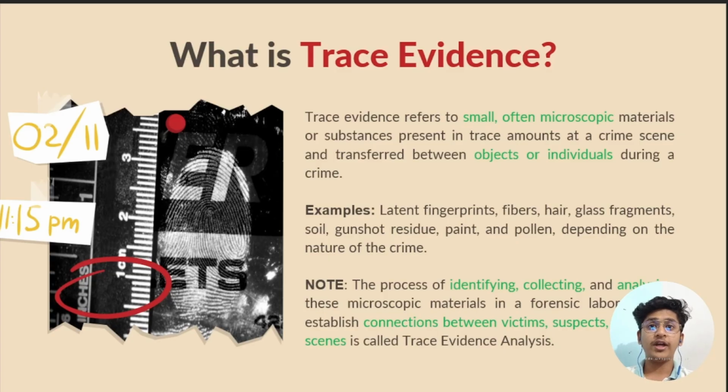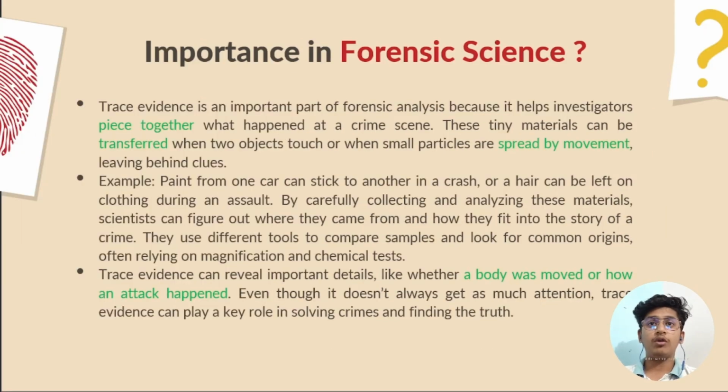So even though they are tiny, they can tell a big story, and that's why trace evidence is so important in solving crimes. Criminals might wipe away the fingerprints or hide weapons, but they almost always leave behind trace evidences, and forensic experts are trained to find them. Now that we know what trace evidence is, let's see why it's so crucial in forensic science.